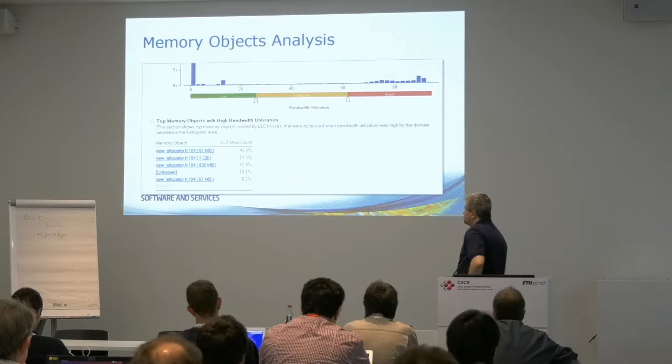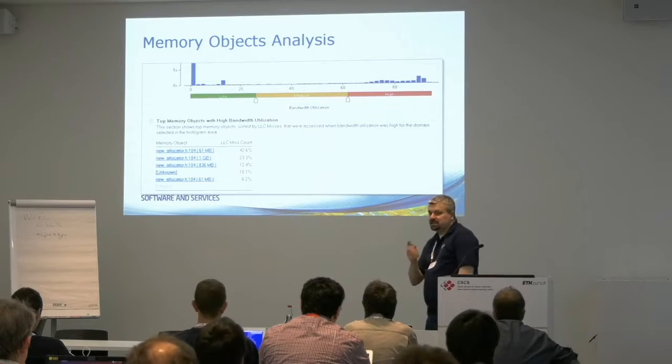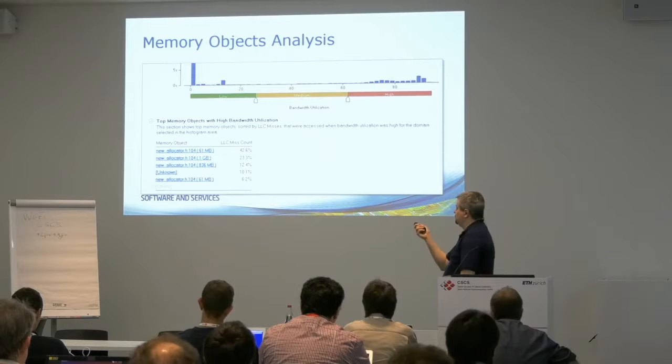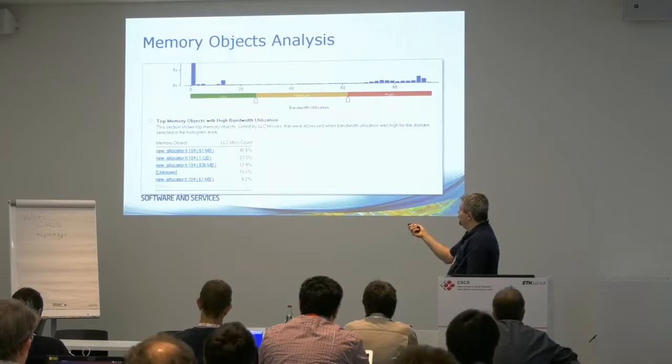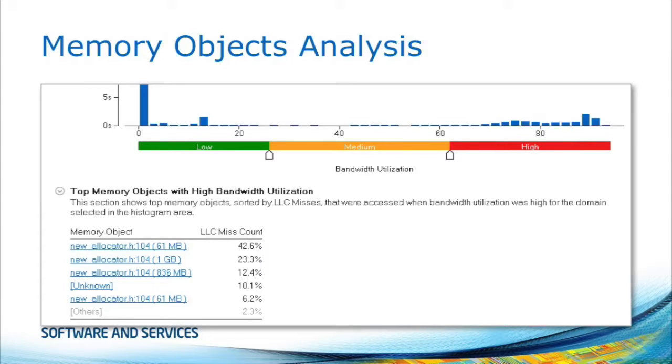Okay, and then what it tells you is exactly what you're interested in. At least I hope so. It tells you that for the memory object that has been allocated in line 104 with 61 megabytes, you have 42% miss count on the last level cache. And then you can look at this data structure. You know what it is, right?